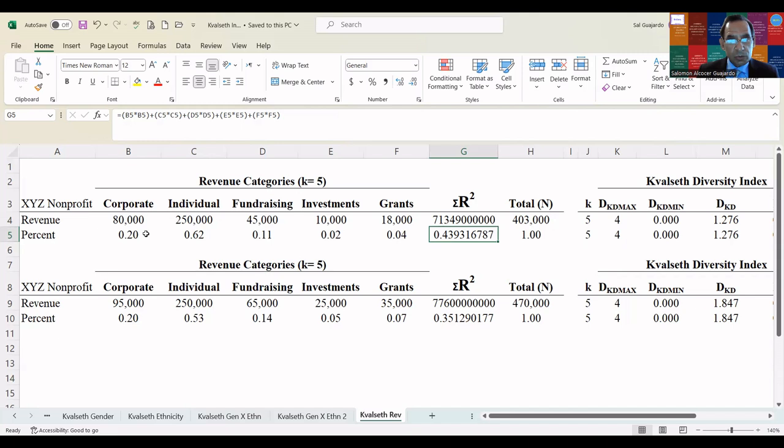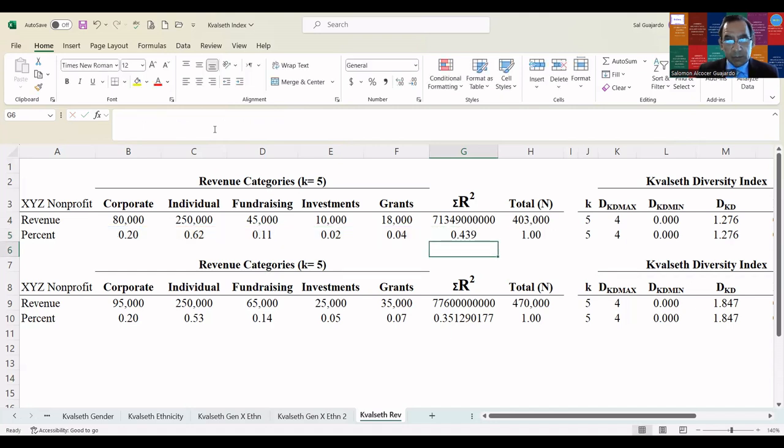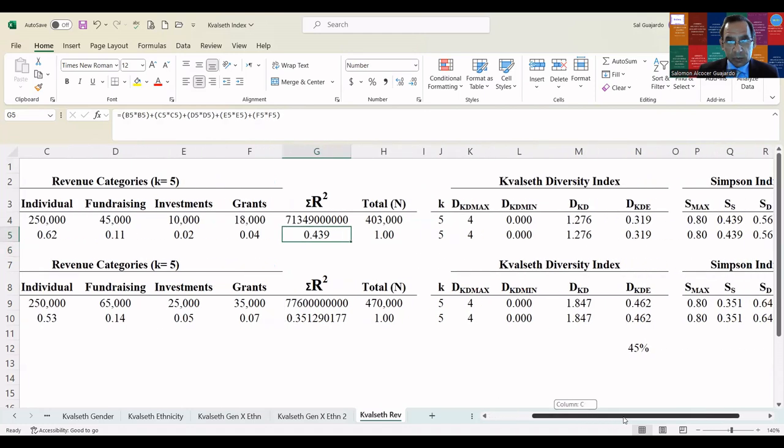I can also obtain the percentage squared by multiplying each percent by itself. Again, I can use the power function here. I just multiplied the percentage by itself. That gives me a value of 0.439. So that is the Simpson concentration score.